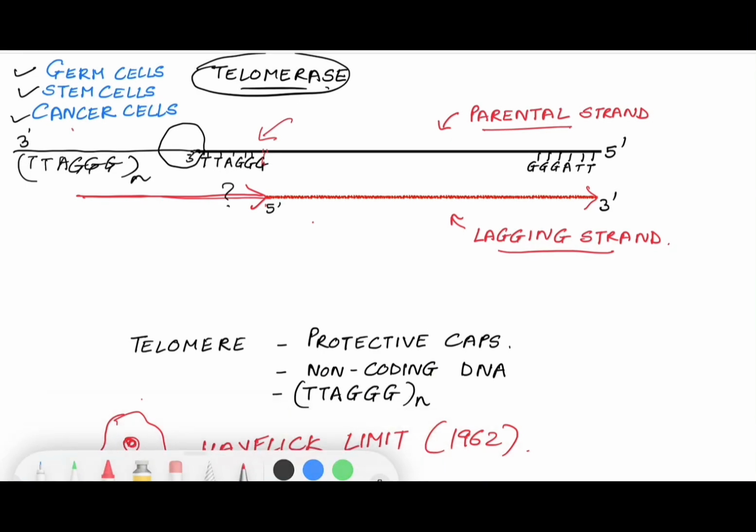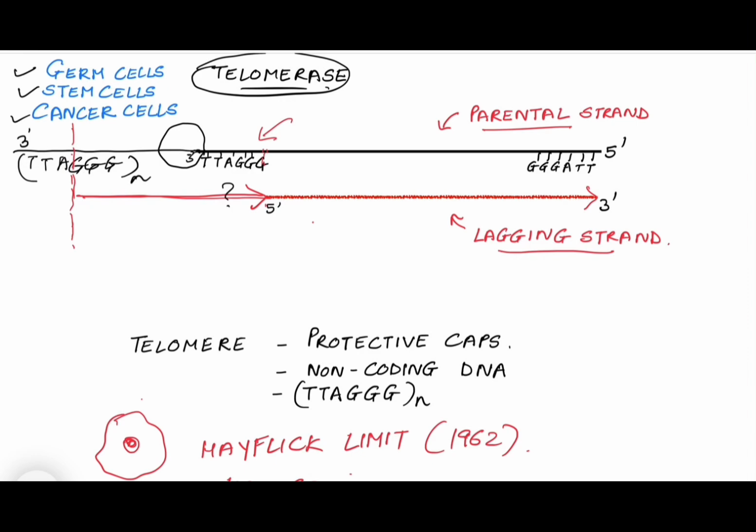Like this portion is extra, so this has been cut. But still the main gene, that is the coding area, is left, and the telomere length is not that short as compared to somatic cells, where there is no telomerase enzyme and so there is no increase in the length of the telomeres. So this is the difference in germ cells, stem cells and cancer cells, where the telomere length can be increased.